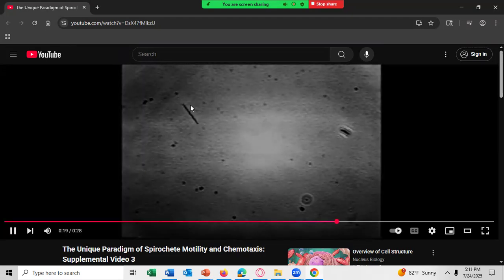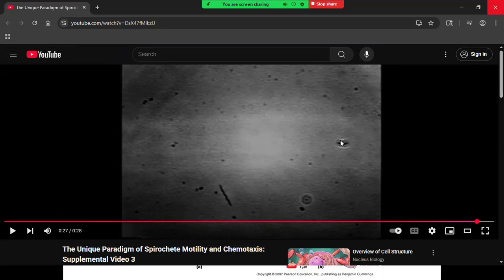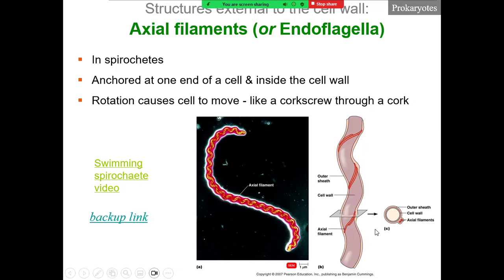And this one is just moving this way by rotating that way. Any questions about the corkscrew-like movement of the spirochetes having the endoflagella?